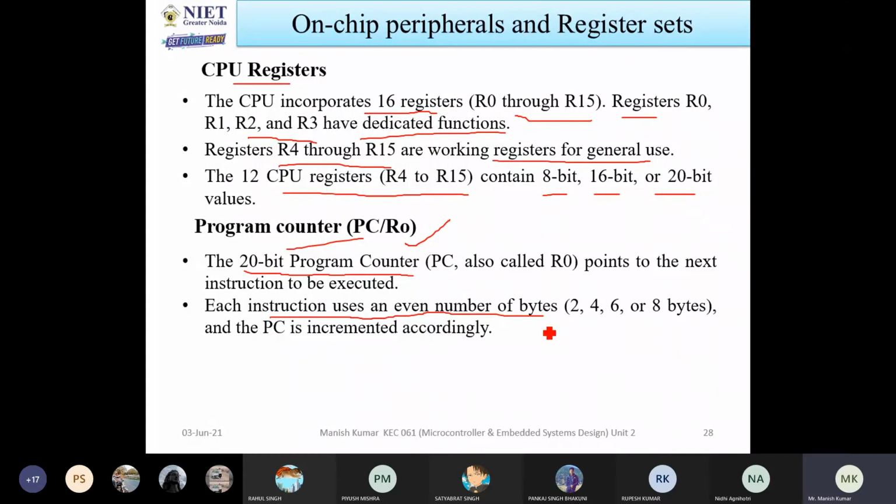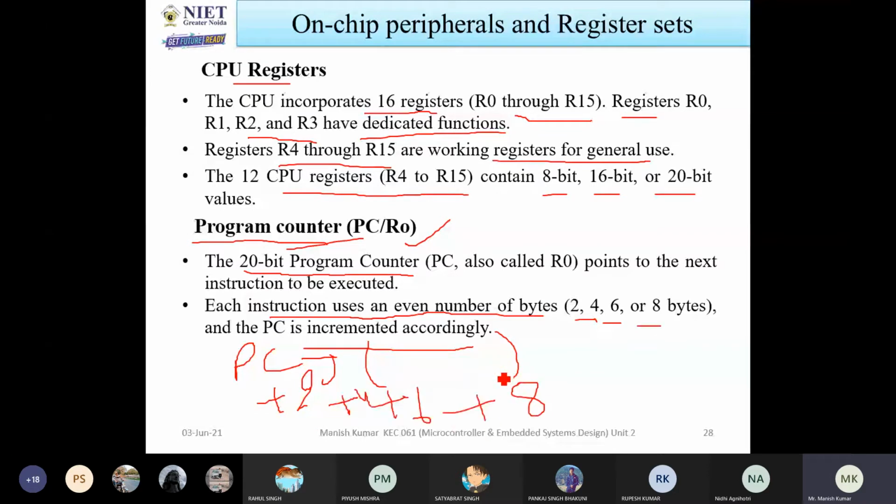So either 2, 4, 6 or 8 bytes, and the PC is incremented accordingly. Depending upon the instruction size, the program counter jumps and increments according to the size of the instruction. So when will the program counter increment? It depends upon the size of the instruction. The size can be 2, 4, 6, 8; it is not possible to have 1, 3, 5, 7. So either it will jump +2, or increment +4, or +6, or +8. It means that whatever instructions are available, the size of the instruction is either 2 bytes, 4 bytes, 6 bytes or 8 bytes.